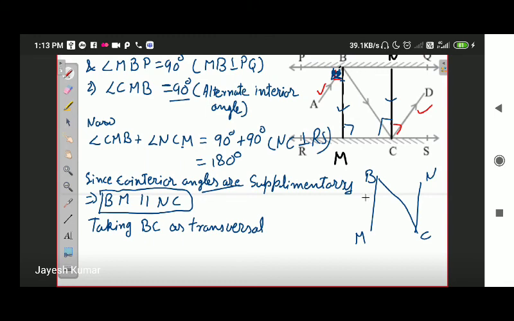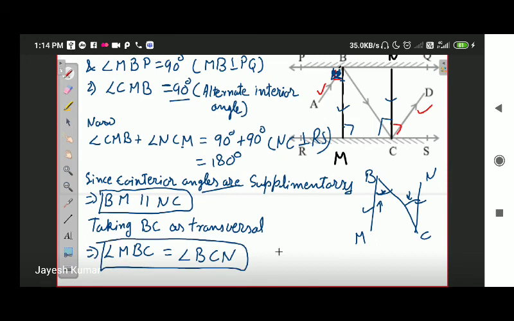We have proved that lines BM and CN are parallel, and we are taking BC as the transversal. So it must be obvious that these two angles are equal. Why so? Alternate interior angles are equal. That means angle MBC is equal to angle BCN. Why so? Alternate interior angles are equal.